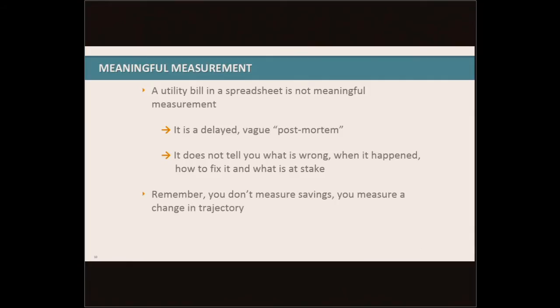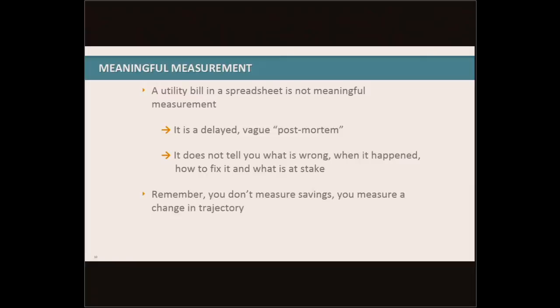So meaningful measurement: if we compare what you may have now, just looking at energy bills, to an EMIS, the utility bills give you a post-mortem look at what happened at your facility. A lot of times the energy bills come to you a month or two after the fact, and you can take a look at it and say, hey, our energy increased 10%. Well, what happened?